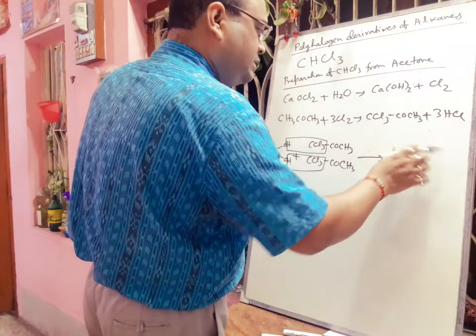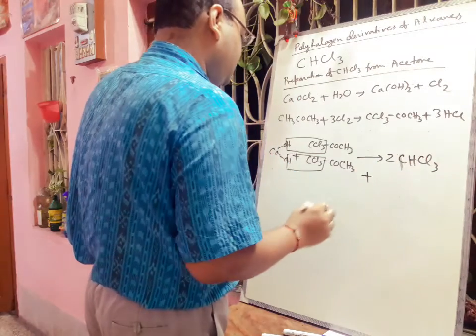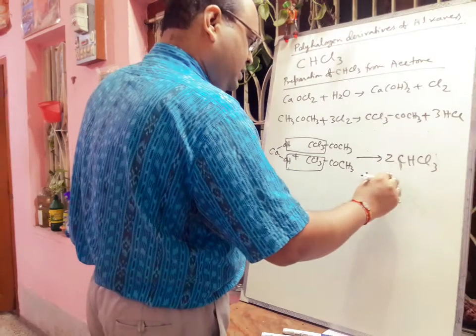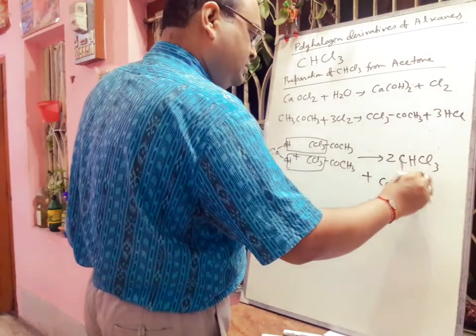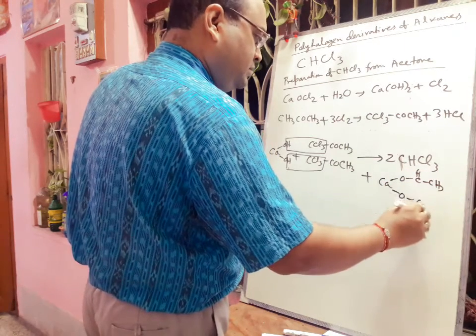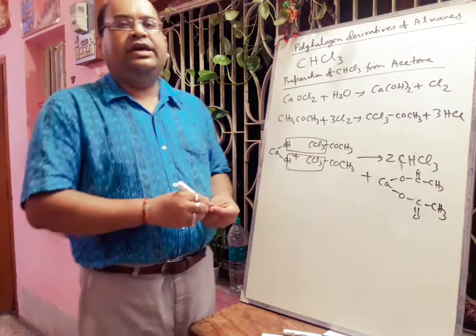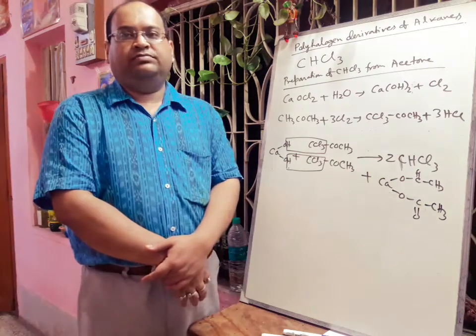So 2CHCl3 plus calcium acetate. This way we can prepare chloroform.